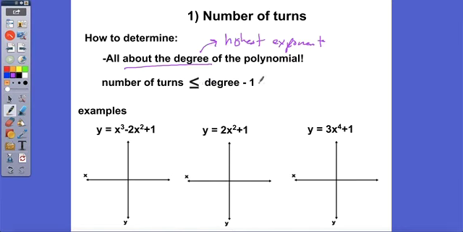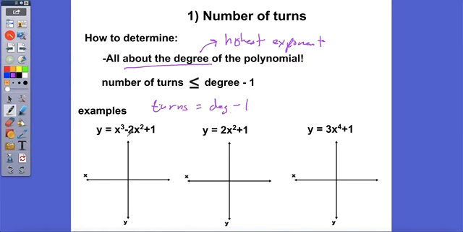For our sketching purposes, we're going to make the number of turns equal to the degree minus 1. But in reality, it could be less than or equal to degree minus 1. But for us, degree minus 1 is what we're going to use for the number of turns and how we sketch our graph.